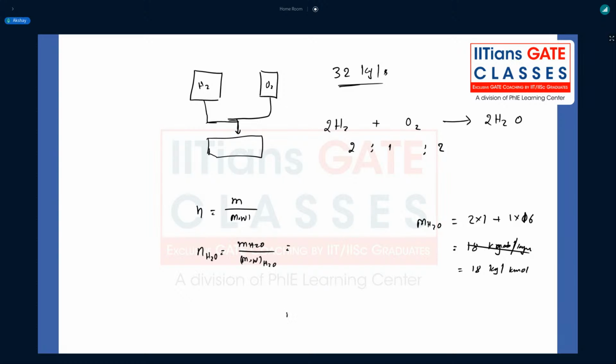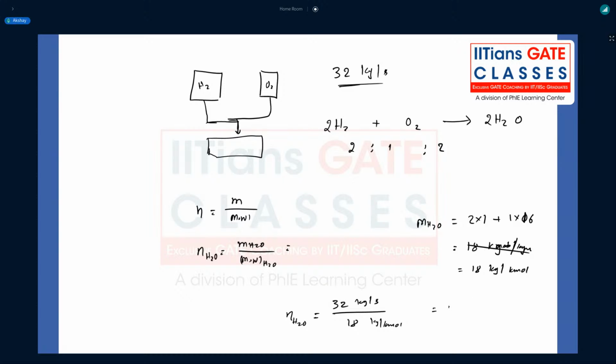So the number of moles of H2O is going to be 32 kgs per second, that's the mass of the hydrogen we are carrying, divided by 18 kg per kilomole. So that is the amount of water I am going to get.